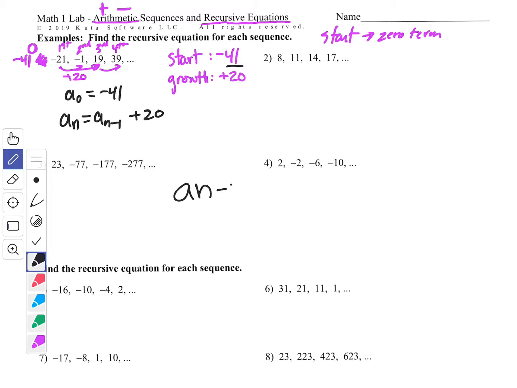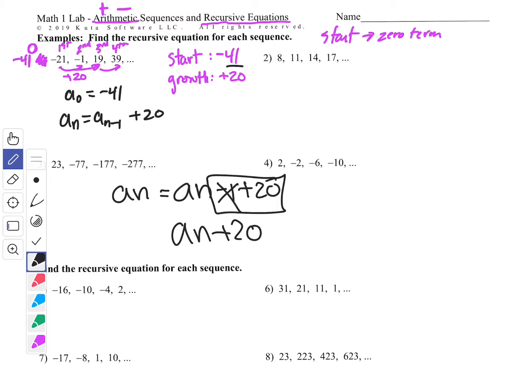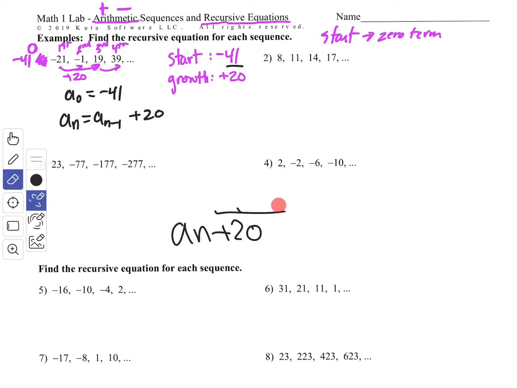So if you were to write it like this, it's incorrect because that's not how you write it. Plus, you'll get really confused about what's happening here, and I see people, instead of putting the minus 1, they put the pattern there, and that is not the correct way to do it, okay?